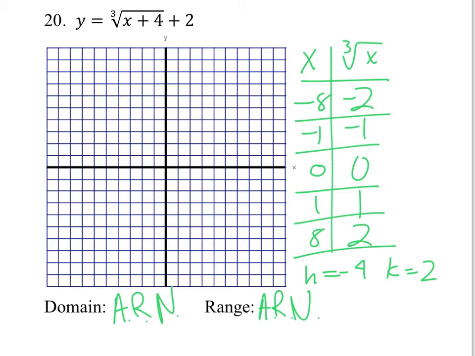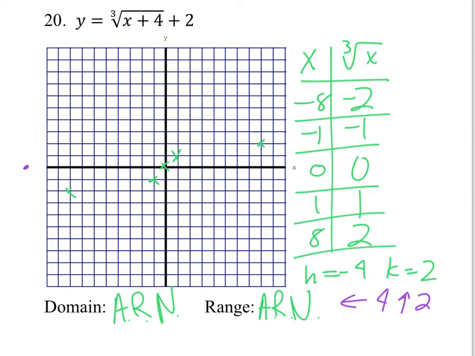So let's see, let me X in those original points. So -8, -2, -1, -1, 0, 0, and 1, 1, and then 8, 2. So those are going to be moved left 4 up 2 based on the value of H and K. Let's see, that's going to pull this point off of the graph. It'll be a little bit to the left and then up.